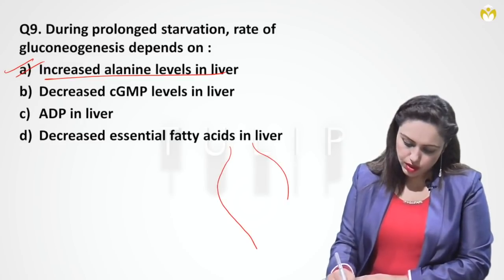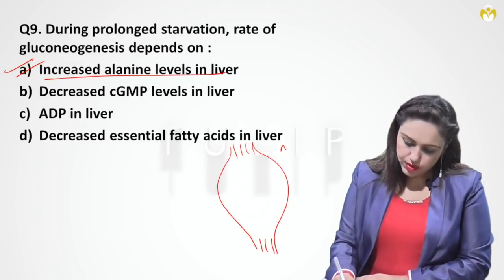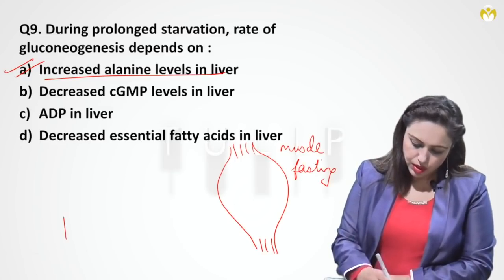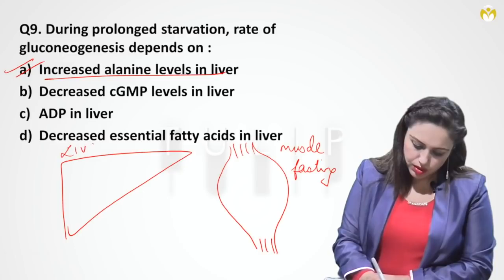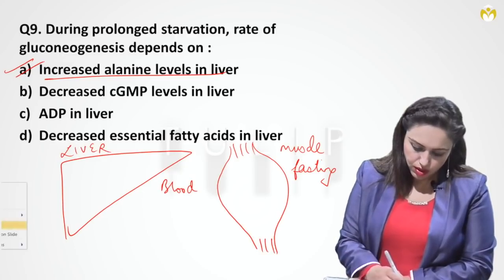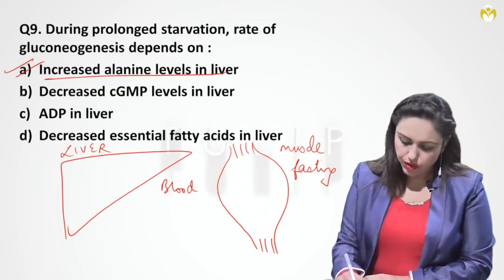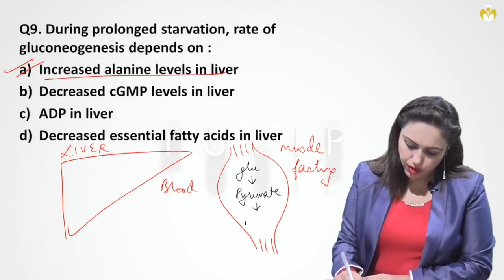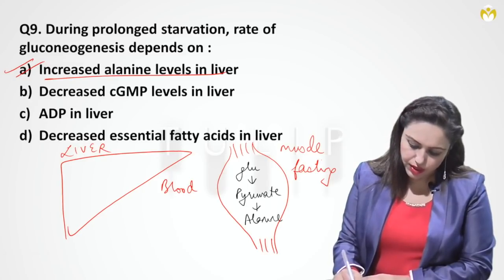Actually, see here, suppose this is fasting muscle. Here I am going to make liver and this is blood inside. So what happens in fasting muscle? Glucose gets converted to pyruvate and then pyruvate gets converted to alanine.